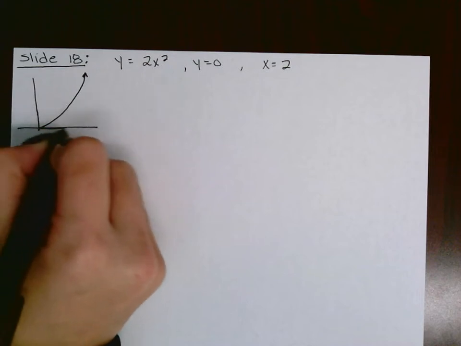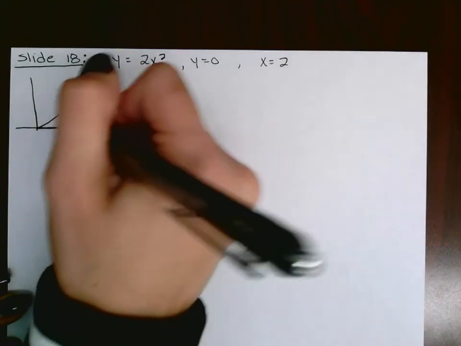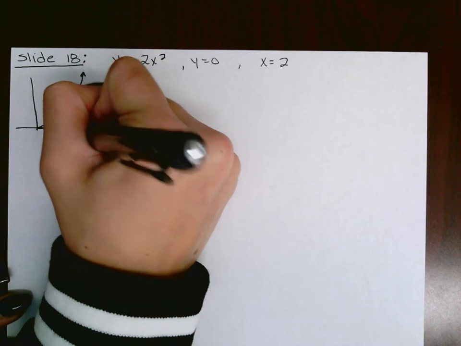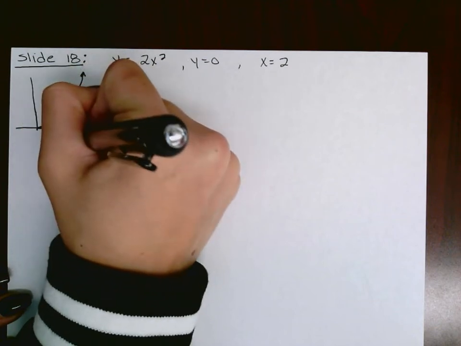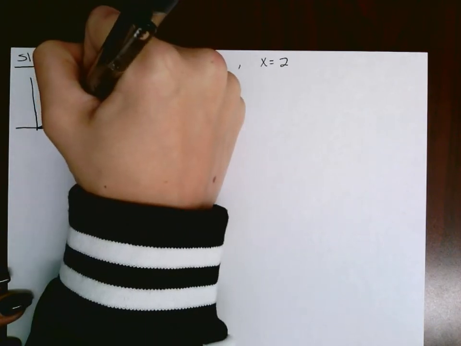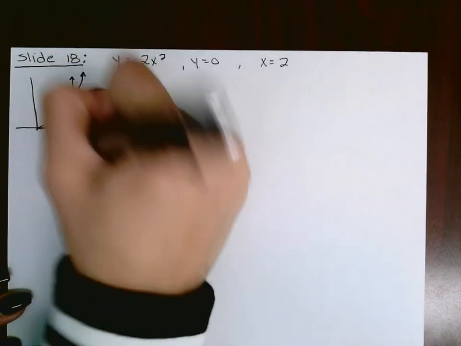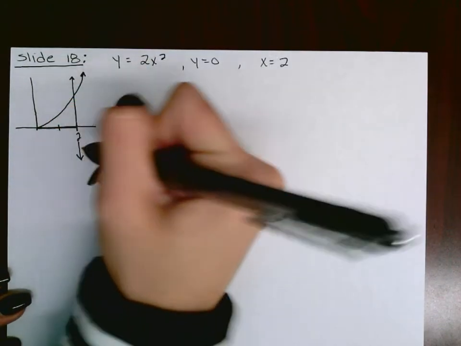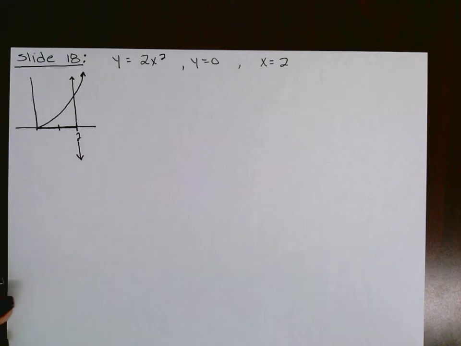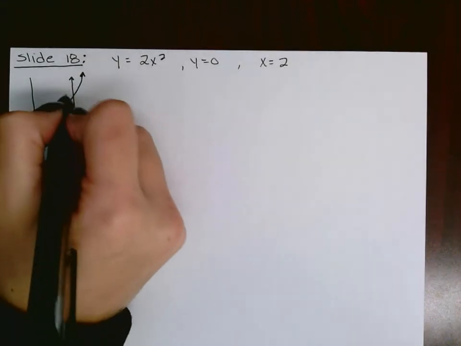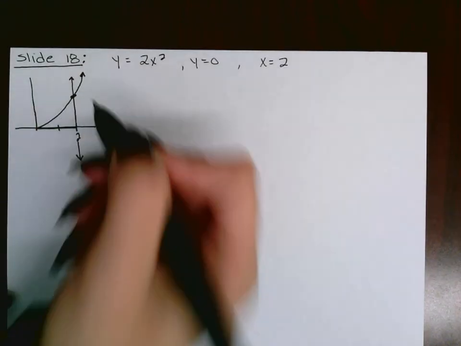Okay, I'm going to try and bold it here. And then it also says x equals 2. Okay? So we can clearly see a shaded region, a little point of intersection there.